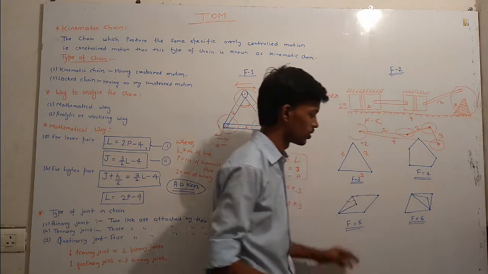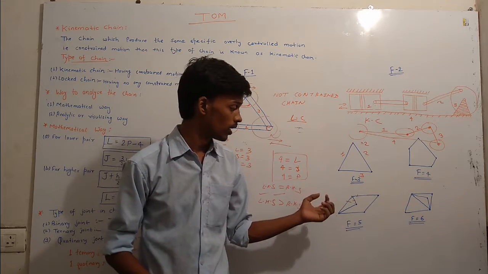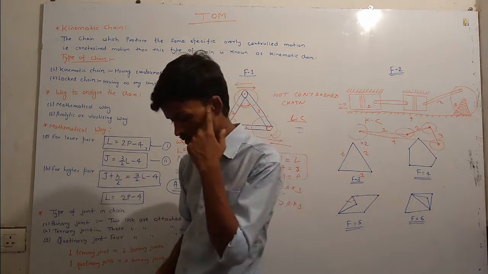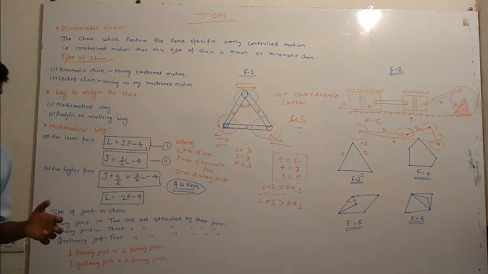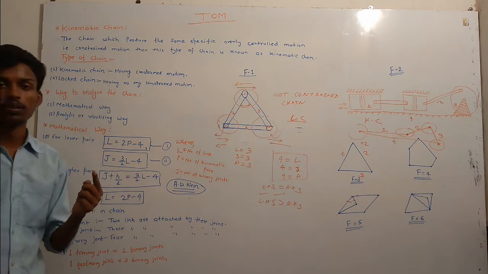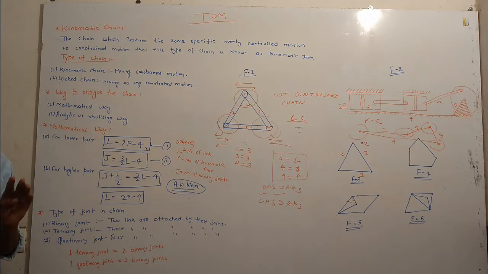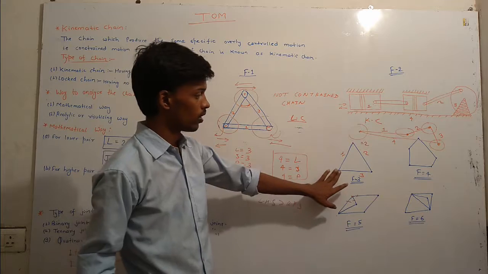On the basis of the number of links joined at a point, we classify joints into categories: binary joint, ternary joint, and quaternary joint. In a binary joint, two links are joined at a point, in a ternary joint 3 links are joined at a point, and in a quaternary joint 4 links are joined at the same point.